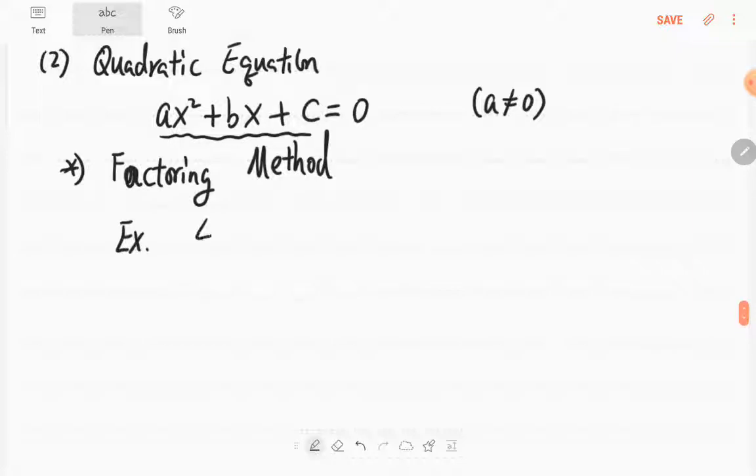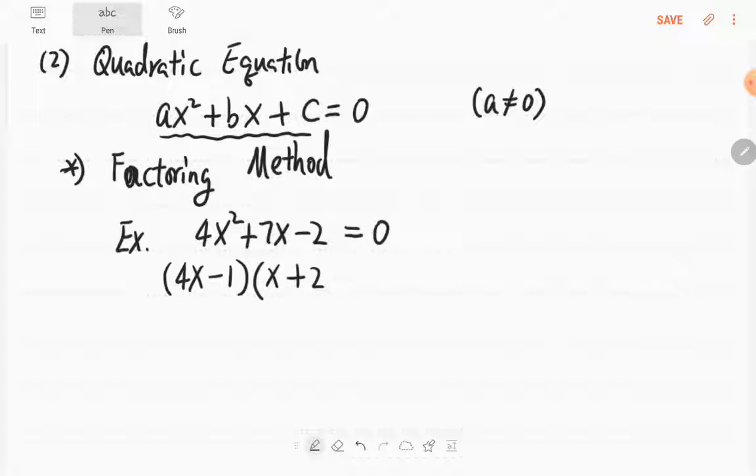This is 4x squared plus 7x minus 2 equals 0. So we want to factorize the left side. We notice that the left side can be written as the product of two terms, which is 4x minus 1 times x plus 2, equals 0.